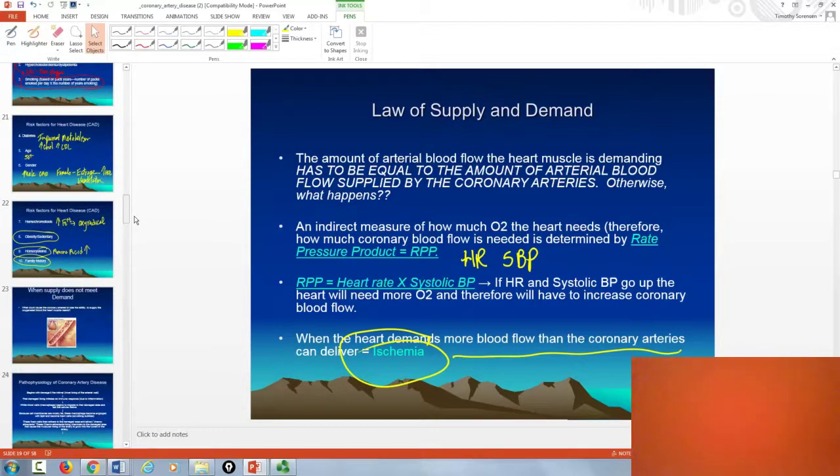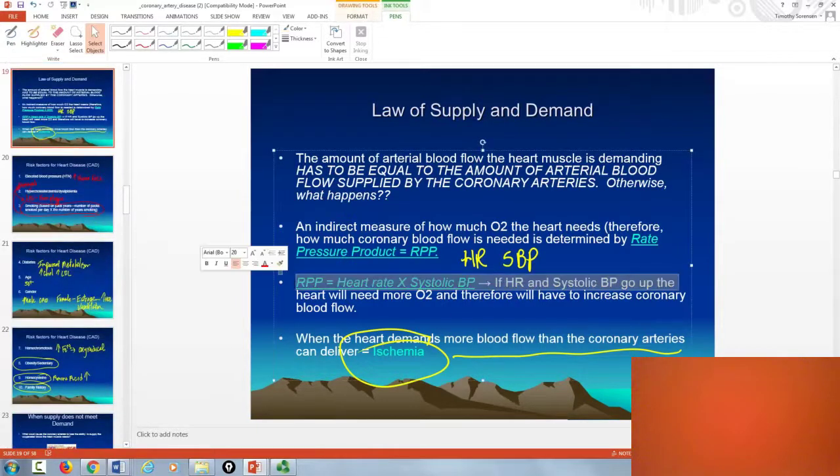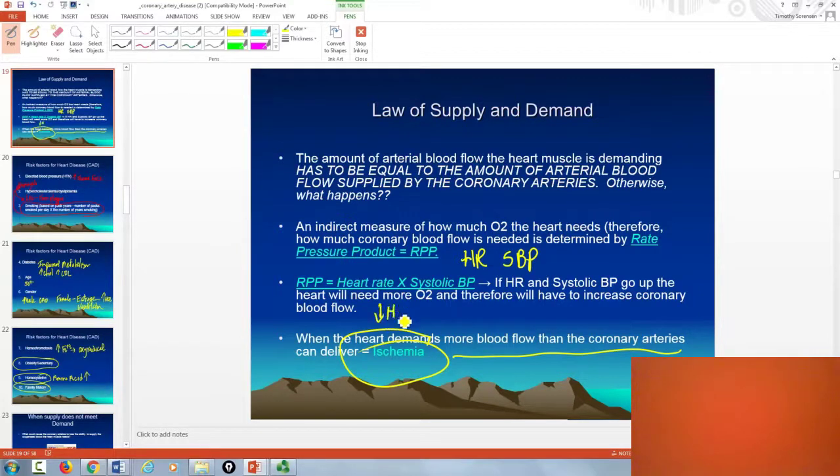So one of the things that a doctor will look at is this concept called rate pressure product. And basically it's an indirect measure of how much oxygen your heart is demanding. Now, this is important, right? So if somebody starts to get chest pain at a very low heart rate and a low systolic blood pressure, then that means the coronary artery disease is much worse, right?